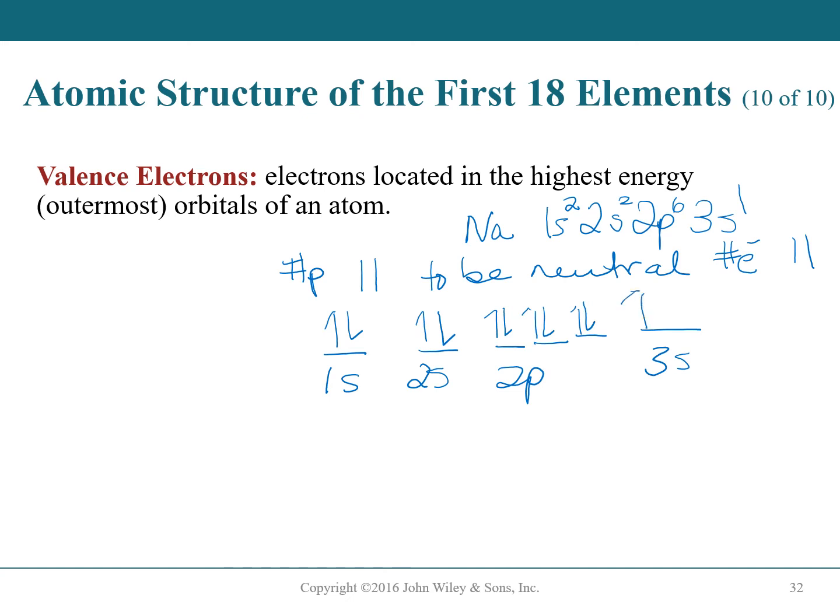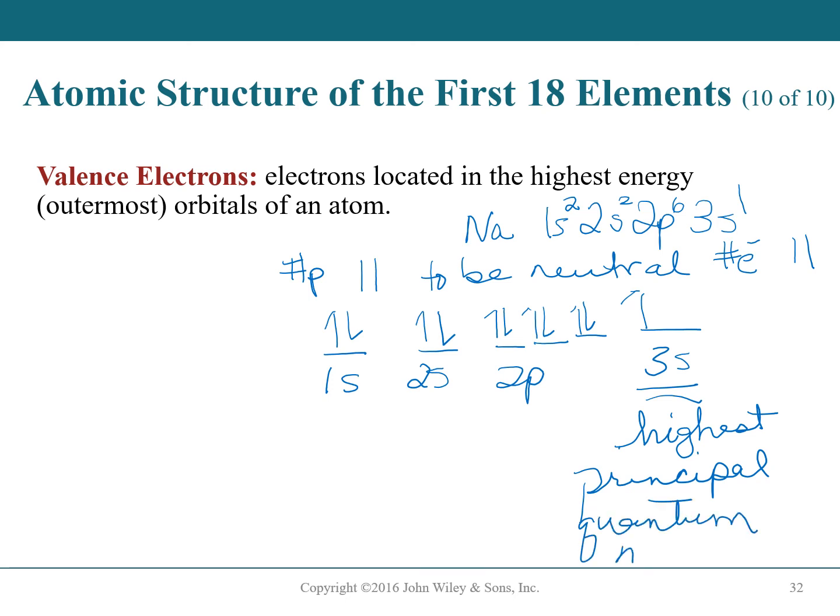The outermost shell has the highest principal quantum number. In this case, the largest number here is 3. So when you look at anything with a 3 in front of it, there's nothing higher. I have 1 electron in there. So for sodium, I have 1 valence electron.